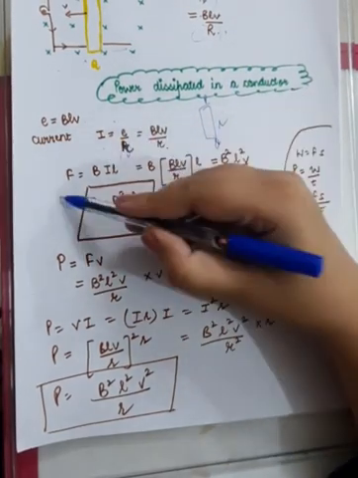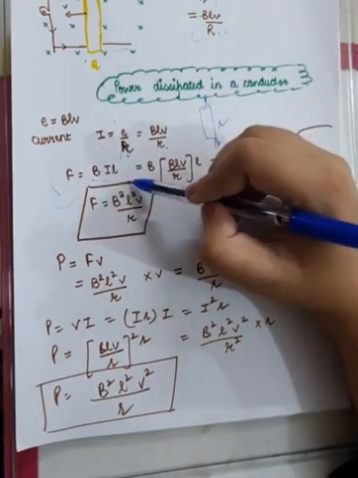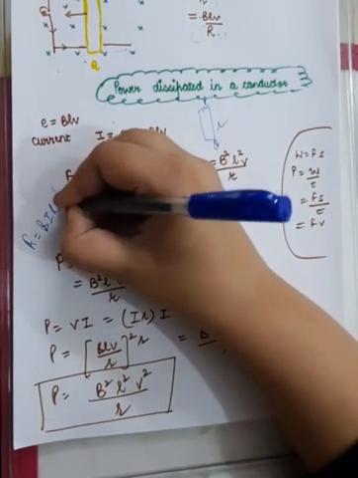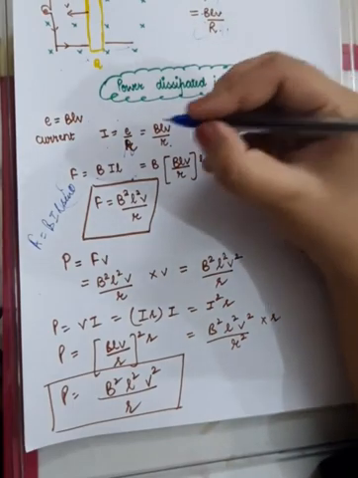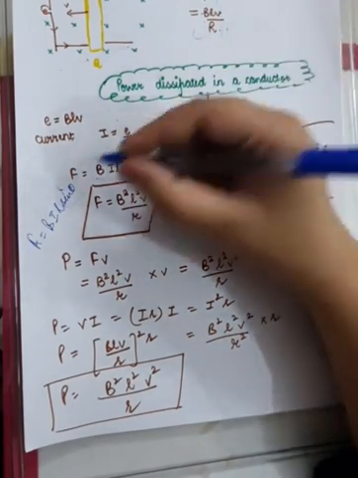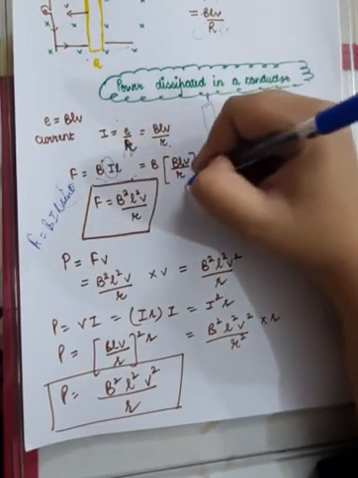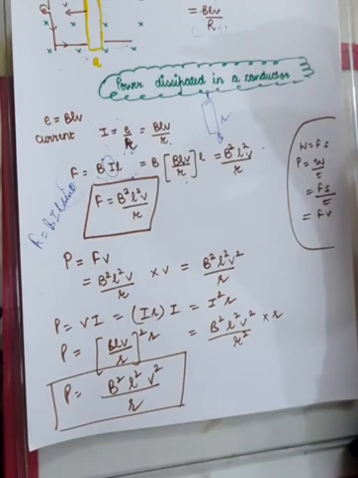What will be the magnetic force experienced by this current carrying rod? That will be BIL. You must have studied in magnetic field chapter BIL sin theta, the force on a current carrying conductor. So sin theta is 90 degree here. So F is equal to BIL. Put the value of current, right? So you're going to get B square L square V upon R. This is the force.